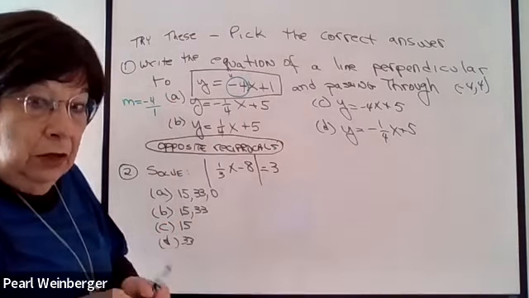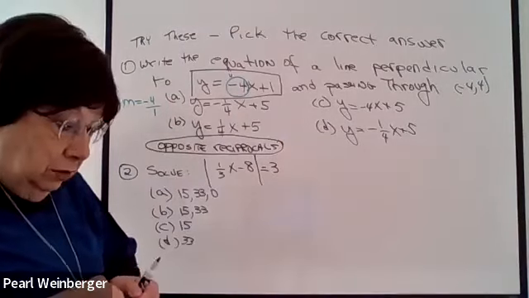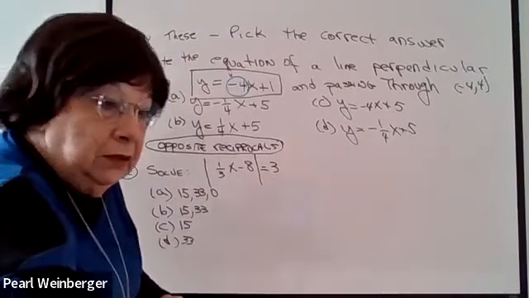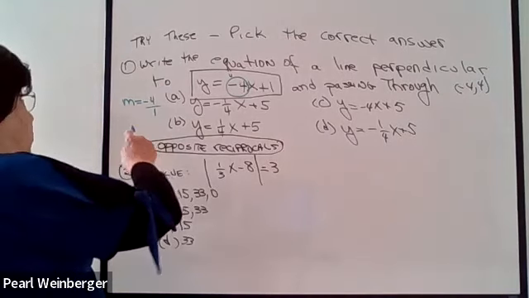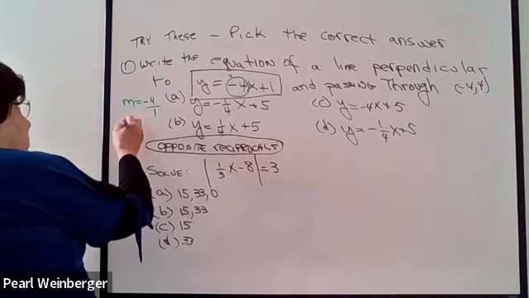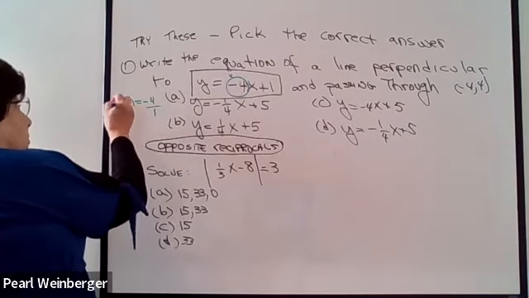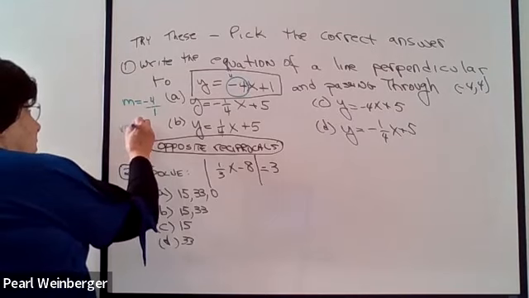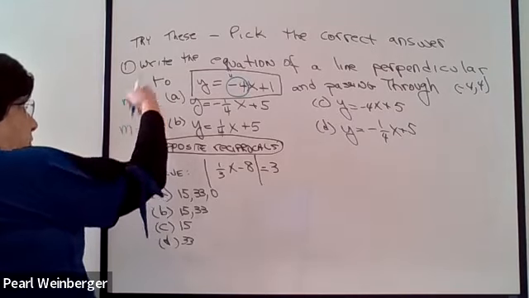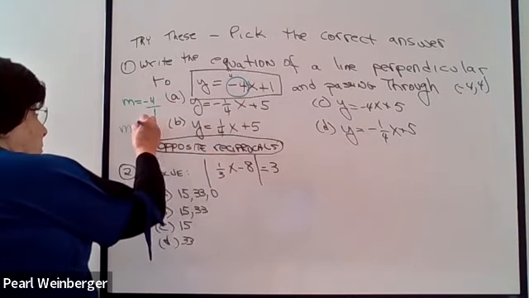We want a line that's going to be perpendicular to this. So what must its slope be? The new slope, I'm going to do this in blue, is going to be, we're going to flip it over, we're doing the opposite reciprocal, and we're going to change its sign.